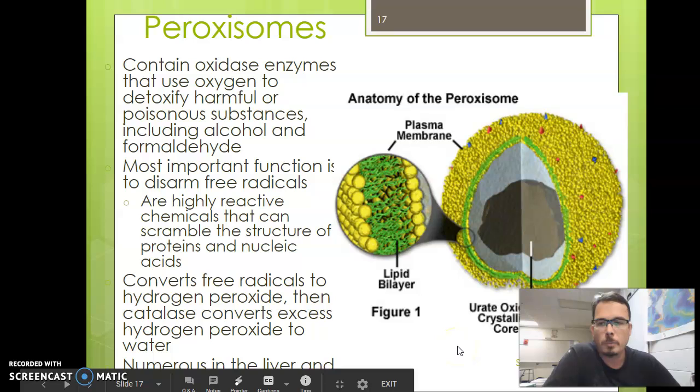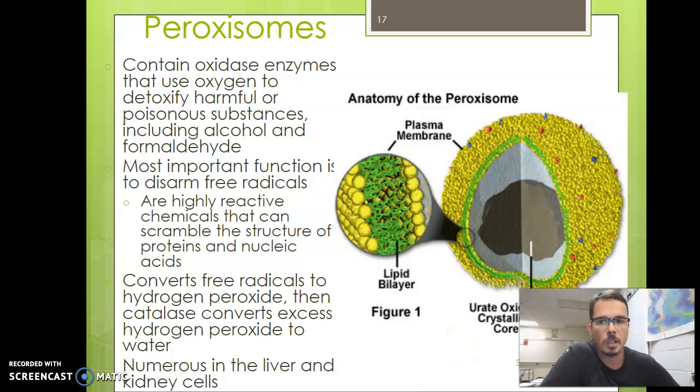You also have peroxisomes, which are organelles in the cytoplasm, and they contain oxidase enzymes that use oxygen to detoxify harmful and poisonous substances, including alcohol and formaldehyde. Their most important function is to disarm free radicals, and free radicals are pretty much what kill you.